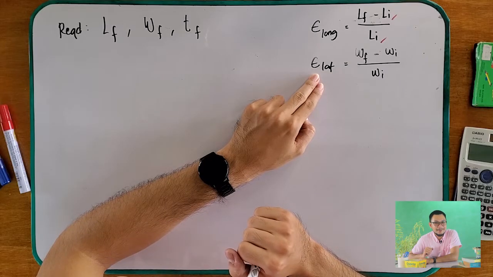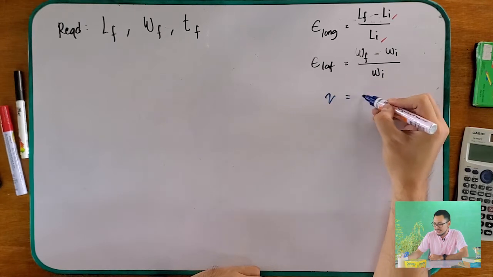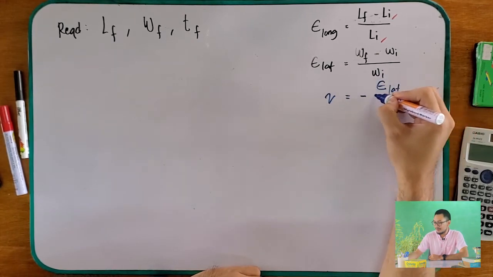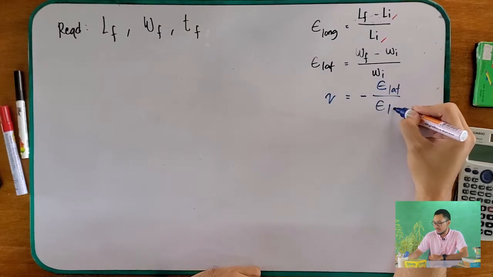How can you get your lateral strain? Your lateral and your longitudinal strain can be determined where? By this equation of our Poisson's ratio, which is the negative lateral strain over your longitudinal strain.